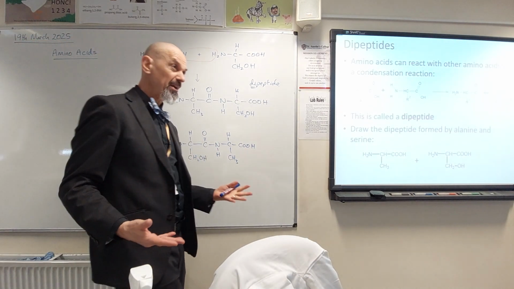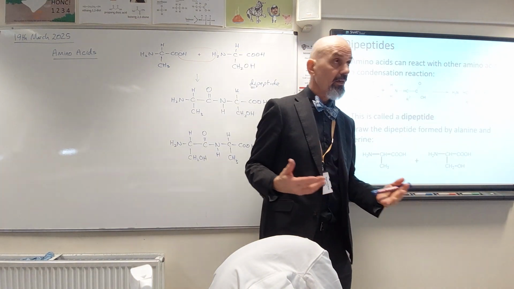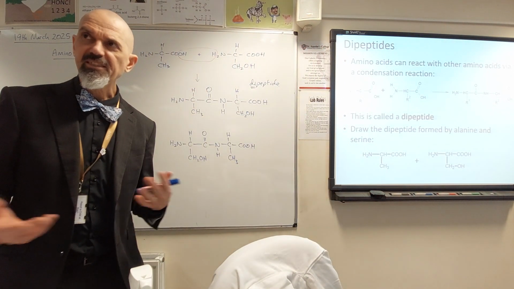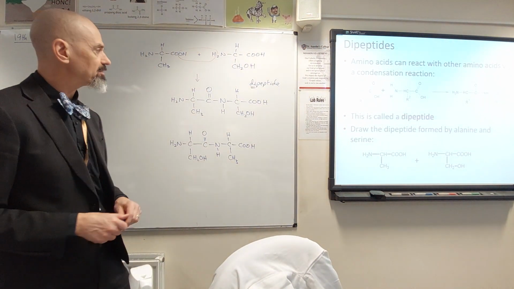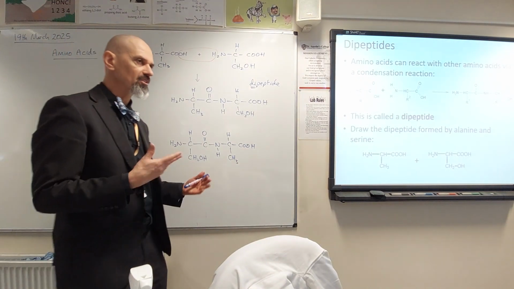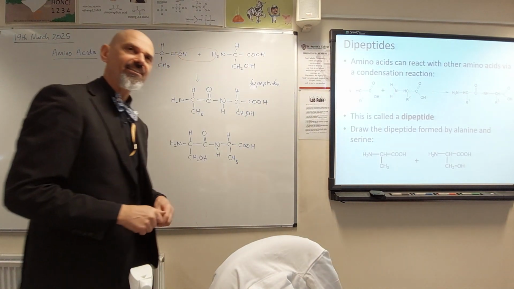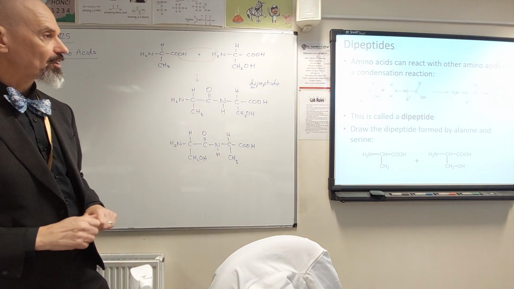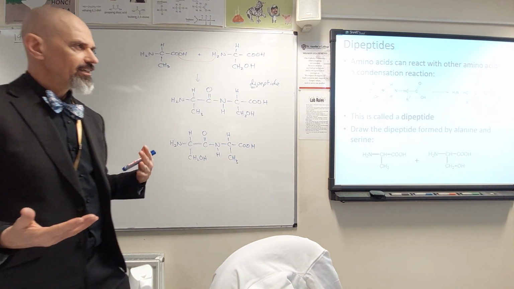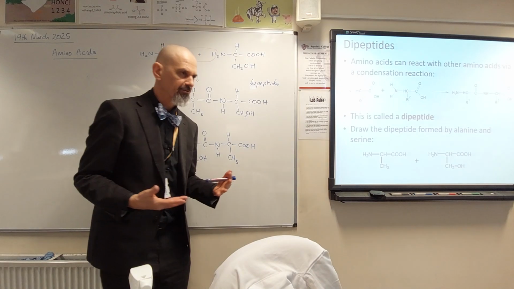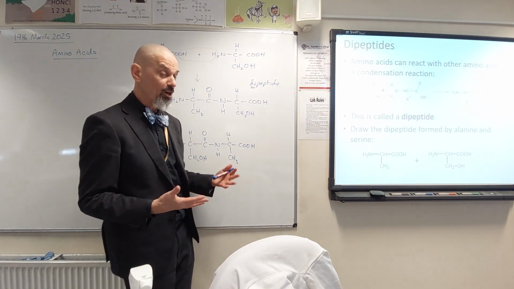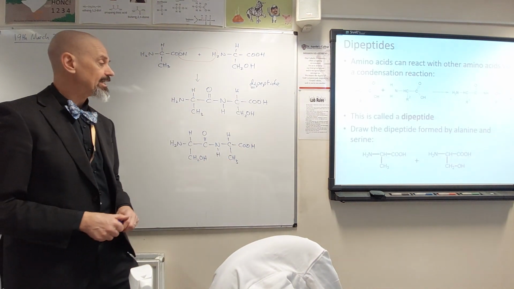If I had three amino acids, then I could make, how many is that? 6 different tripeptides, not including, of course, ones that would be, you know, alanine, alanine, alanine, and so on. Very quickly, we can make lots and lots of tripeptides, oligopeptides, polypeptides.